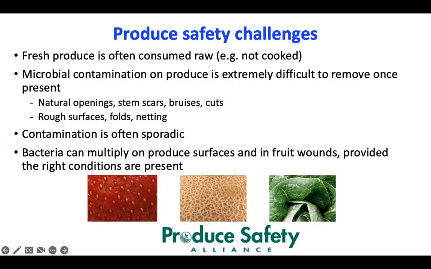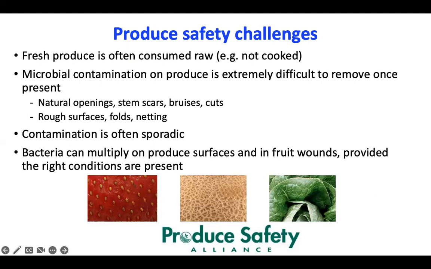Rough surfaces, for example cantaloupes, which have lots of those little rough surfaces, and large folded surface areas, for example leafy greens, have a huge amount of areas that can harbor pathogens or bacteria.